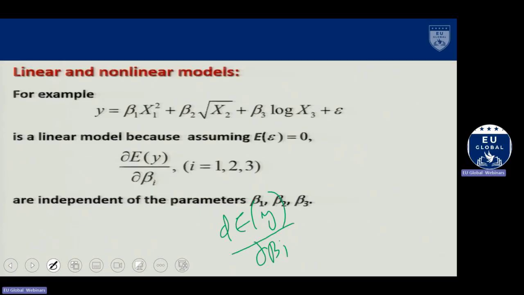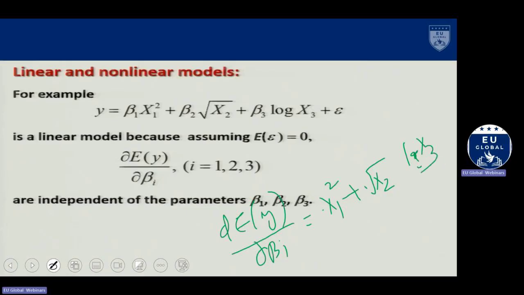What we get here is x1 for beta 1, this will be x1 square, and for beta 2 it is under root x2, and for beta 3 it is log x3.